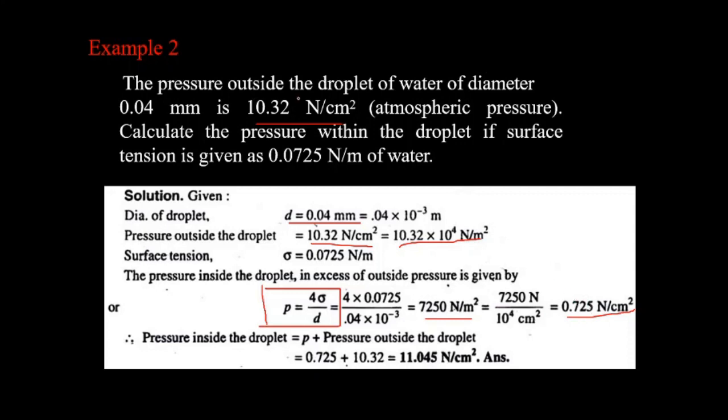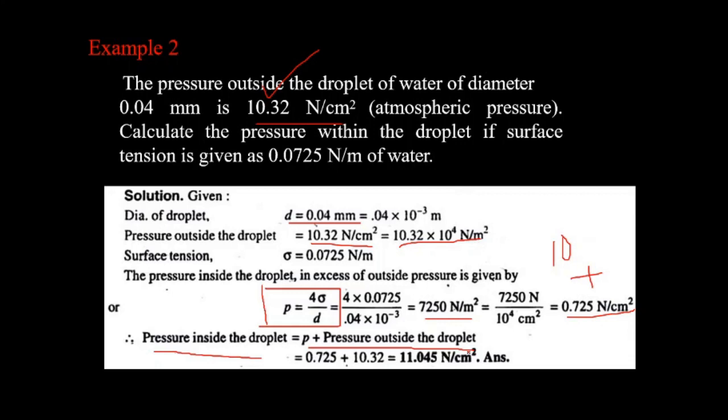Now, in addition to the pressure outside the droplet, we have to find the pressure inside the droplet. So just add it. What is this P? You add the pressure outside the droplet, that is 10.32. So P plus pressure outside the droplet will be your answer, that is 0.725 plus 10.32.